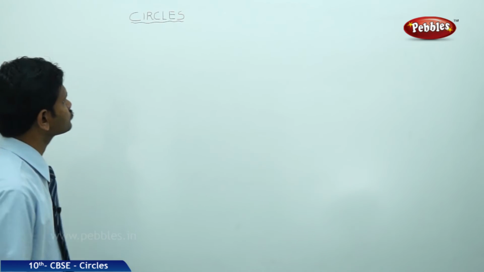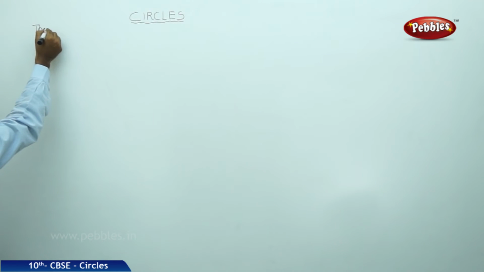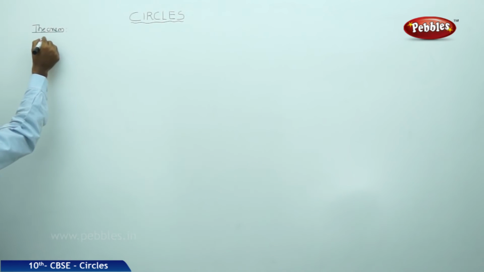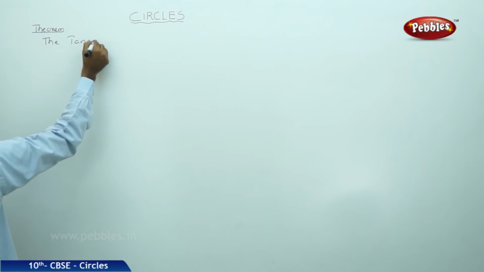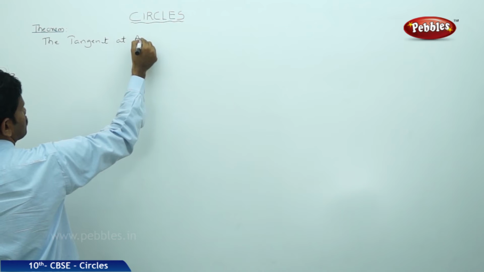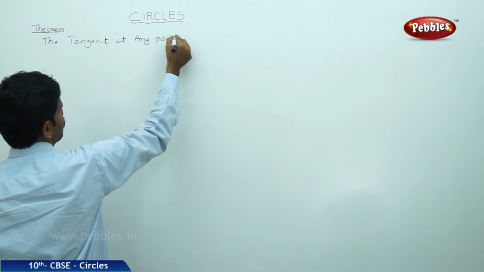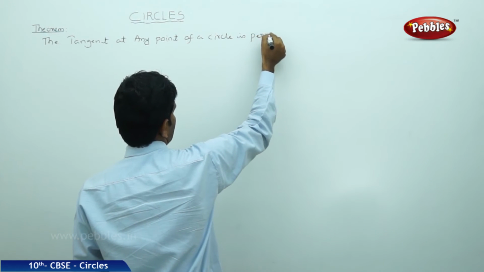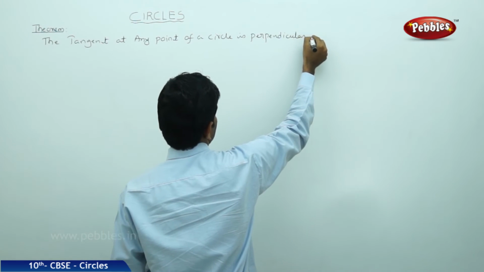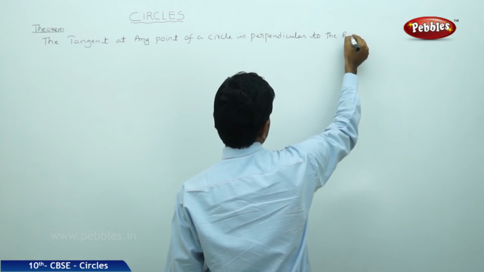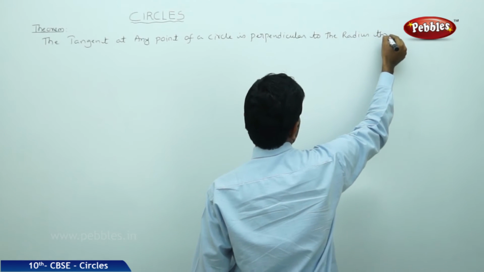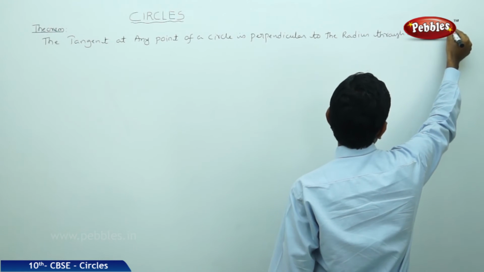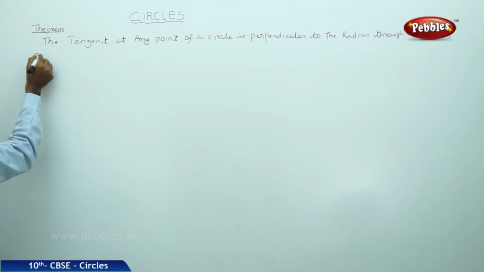Let us see the theorem. The tangent at any point of a circle is perpendicular to the radius through the point of contact.